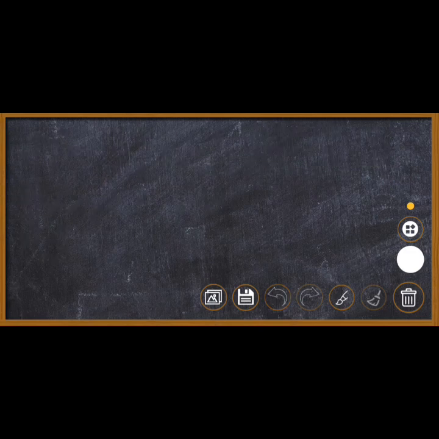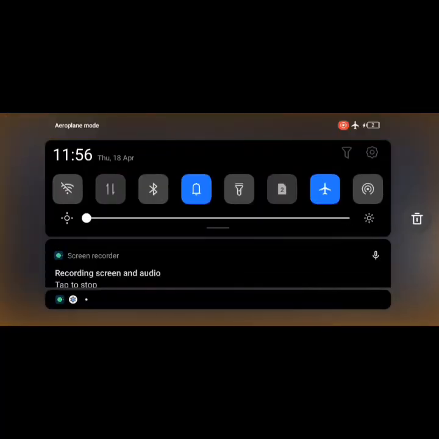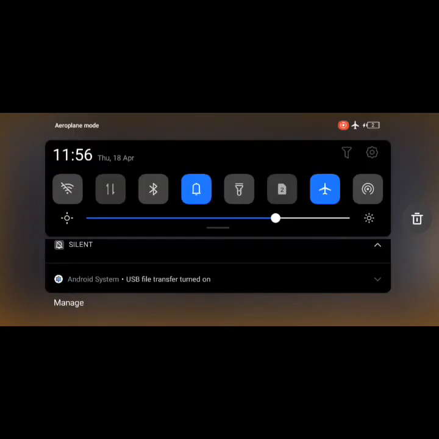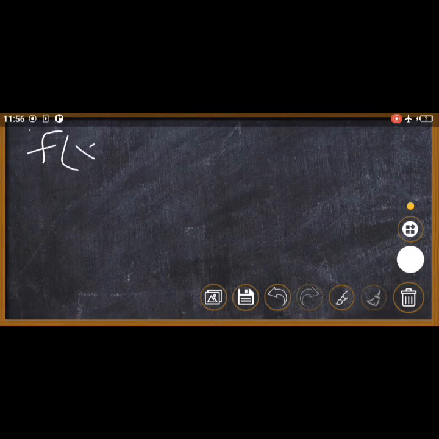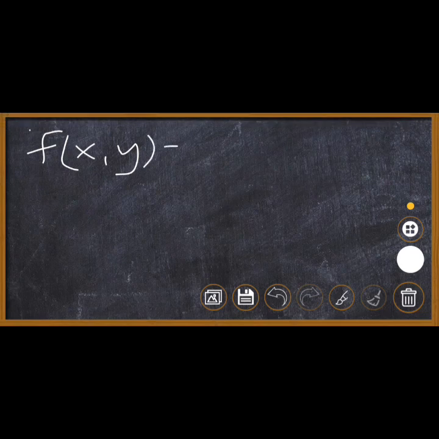So firstly, let's differentiate. Remember we have the function of x comma y. We have the function of x comma y equals x⁵, then plus x³y², minus x²y³ plus constant c.